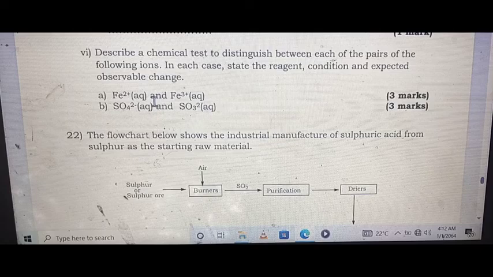But when we take a compound of sulfite ion and add barium chloride and dilute hydrochloric acid, we get a white precipitate that dissolves with gas.